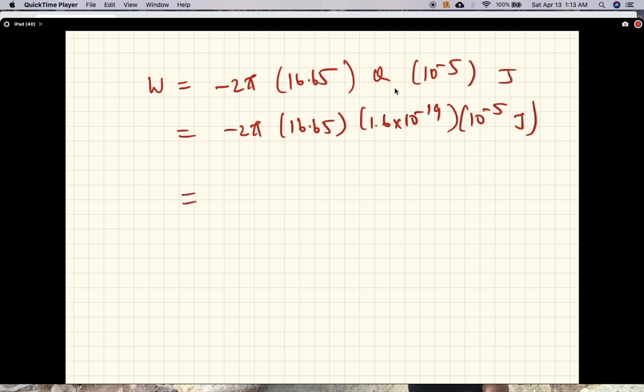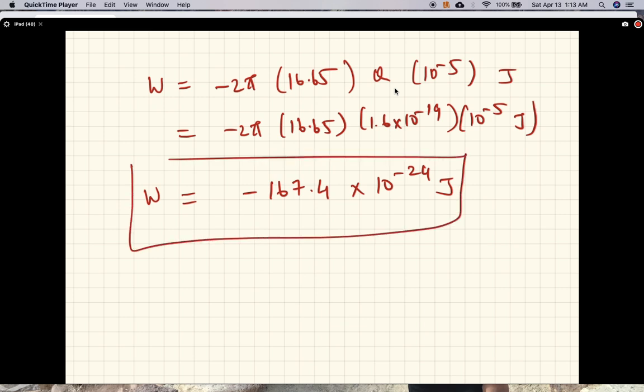Okay, so that's 10 minus 24. So this works out to minus 167.4 into 10 minus 24 joules. That's the work done.